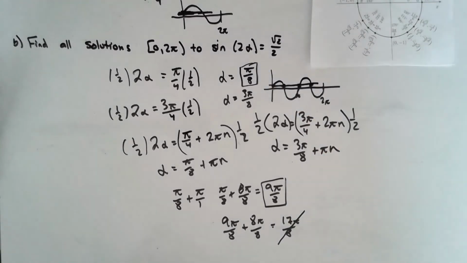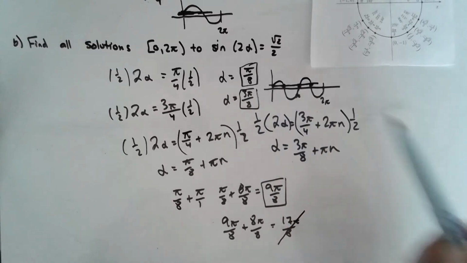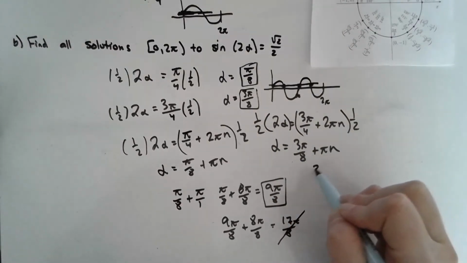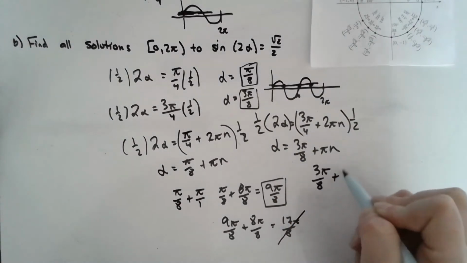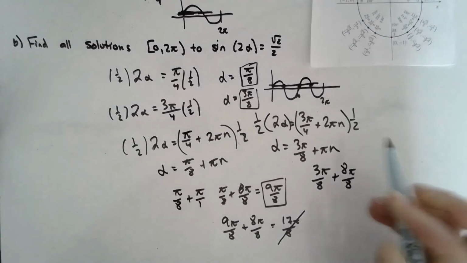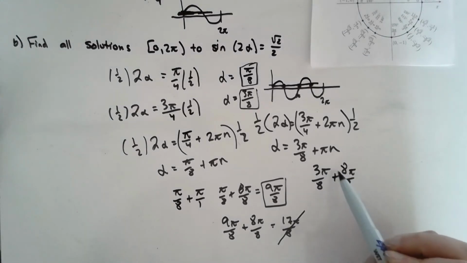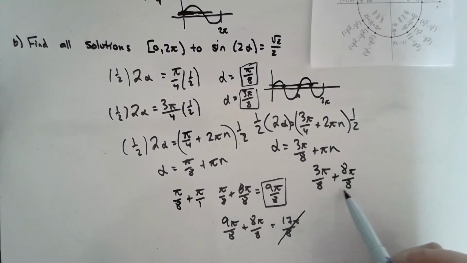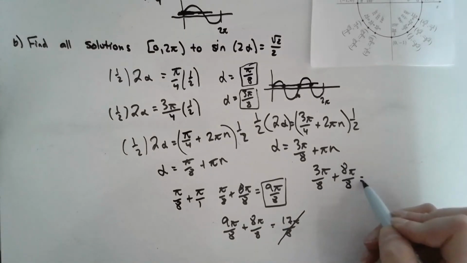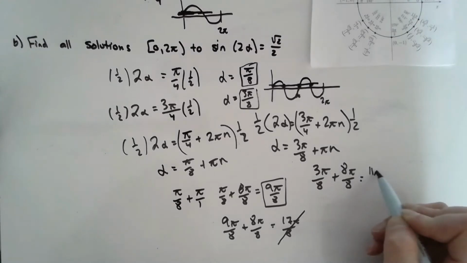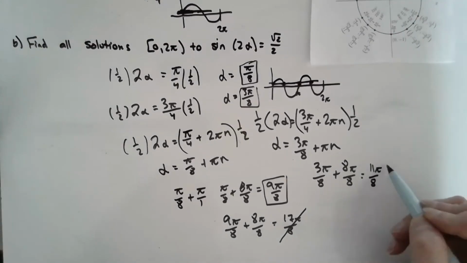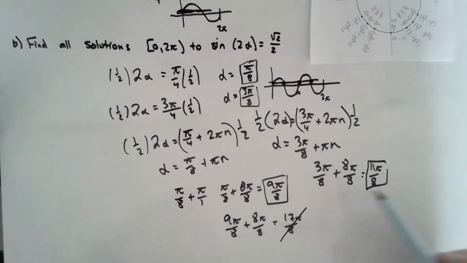Those are 2. I've got 3 pi eighths plus 8 pi eighths. Again, we're adding pi, but because of this fraction, I need a common denominator, so I'm going to add 8 pi eighths. So 8, 9, 10, 11 pi eighths. Okay, that gives me 1, 2, 3, 4.